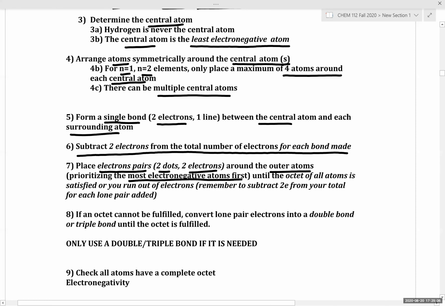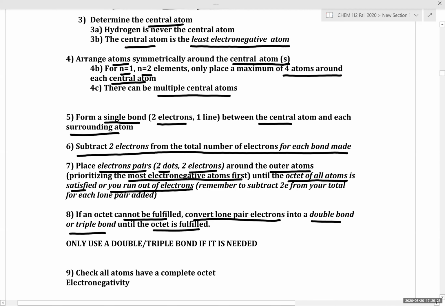You continue adding electrons until the octet of all atoms is satisfied, or you run out of electrons. If the octet cannot be fulfilled, then and only then will you convert lone pair electrons into a double or triple bond until the octet is fulfilled.